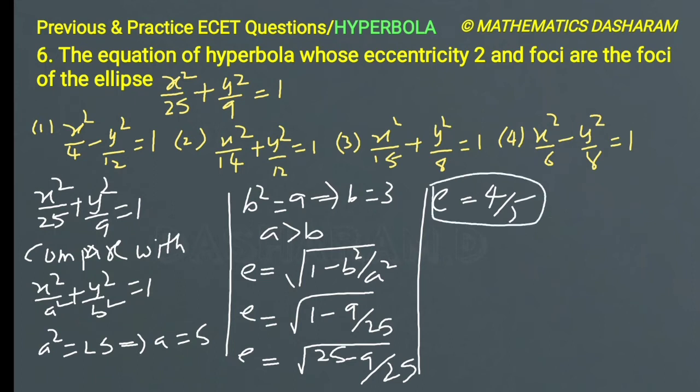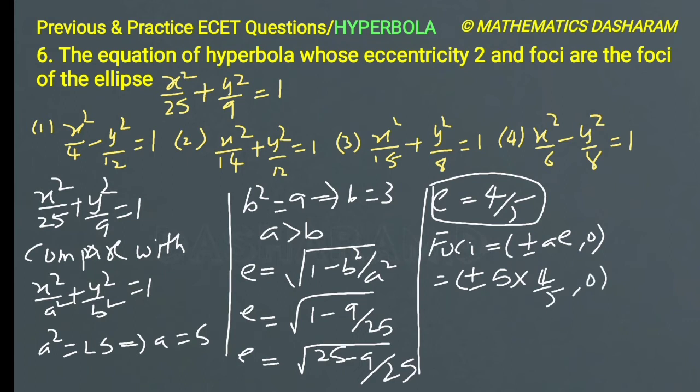So let us find the foci of this ellipse. The formula is plus or minus ae comma 0. The a value is 5 and the e value is 4 by 5, so plus or minus 5 into 4 by 5 comma 0, here 5 cancels, plus or minus 4 comma 0.